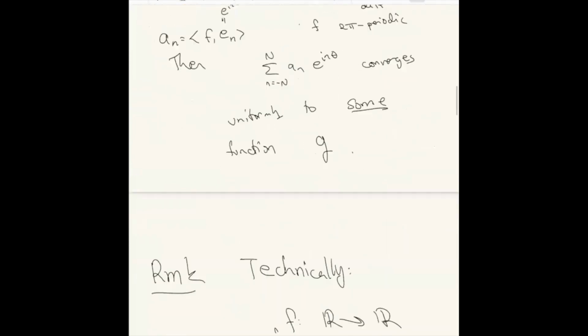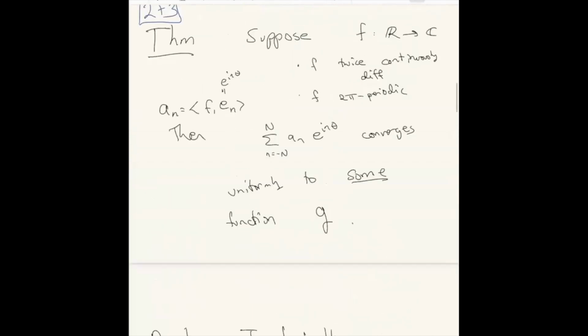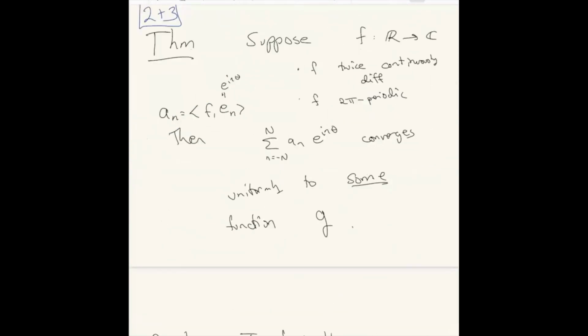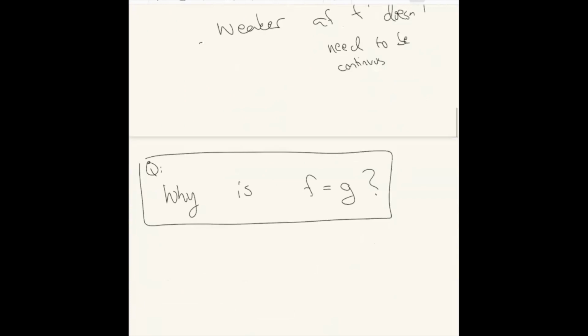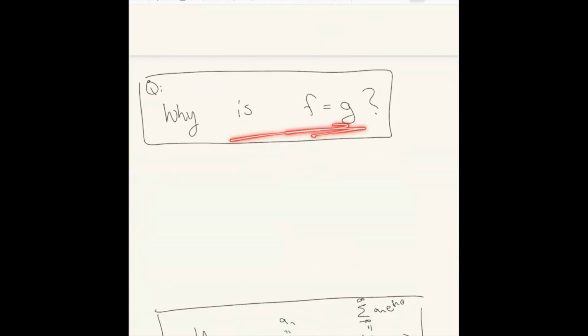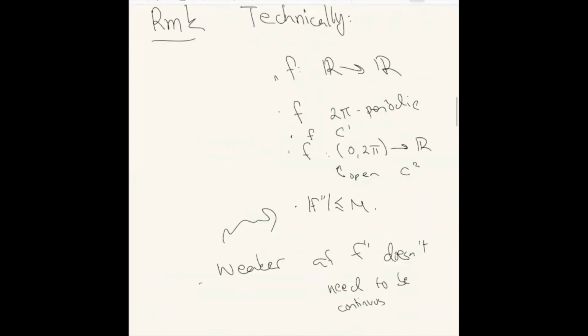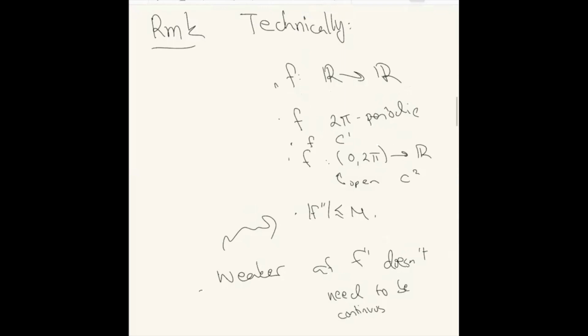But what is the question? These are a little bit disorganized. Why is f equal to g? This slide is there only to really say that these are not nearly sharp conditions.